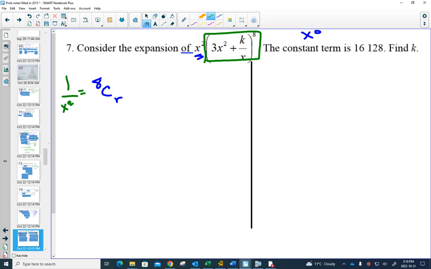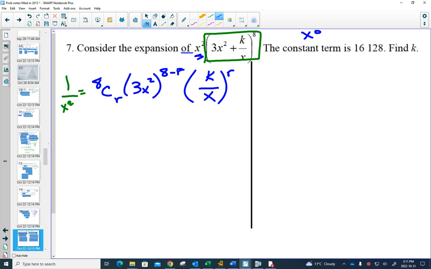And in this case, that x squared in front tells us that if I'm in the expansion of this, I need to have an x squared on the bottom. Now, I would have n choose r, sorry, didn't want to change colors, 3x squared to the 8 minus r, and then a k over x to the r.